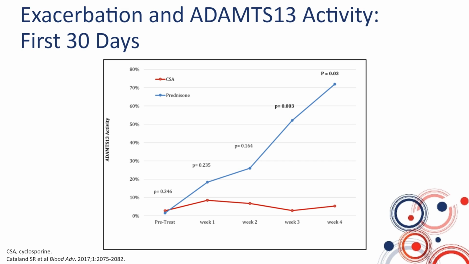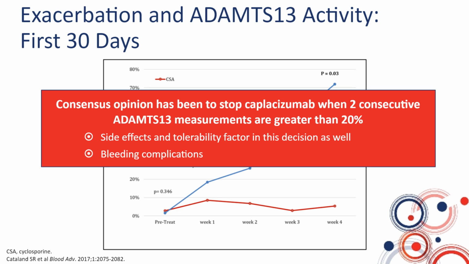How this is relevant to caplacizumab-treated patients is, as there's been no direct study on how best to stop caplacizumab, the idea here is you want to continue caplacizumab until there's stable improvement in the ADAMTS13 activity that is independent of any plasma exchange or infusion that would have occurred. So in general, we would like to see at least 2 consecutive ADAMTS13 measurements greater than 20% to give us comfort that it is safe to stop the caplacizumab.